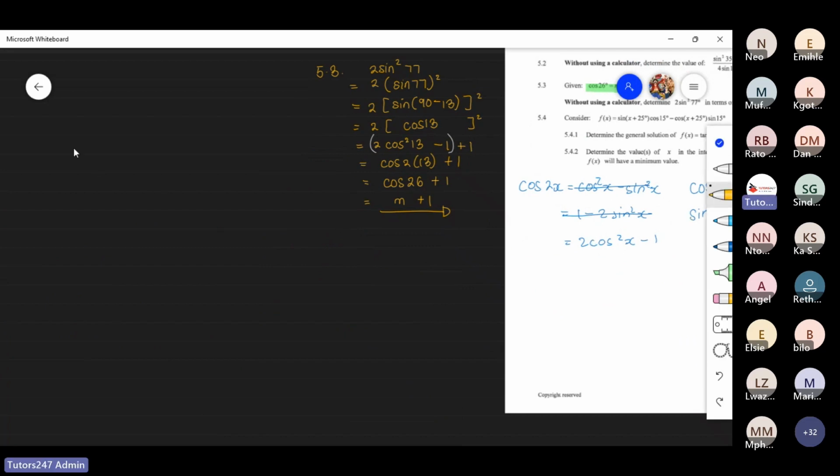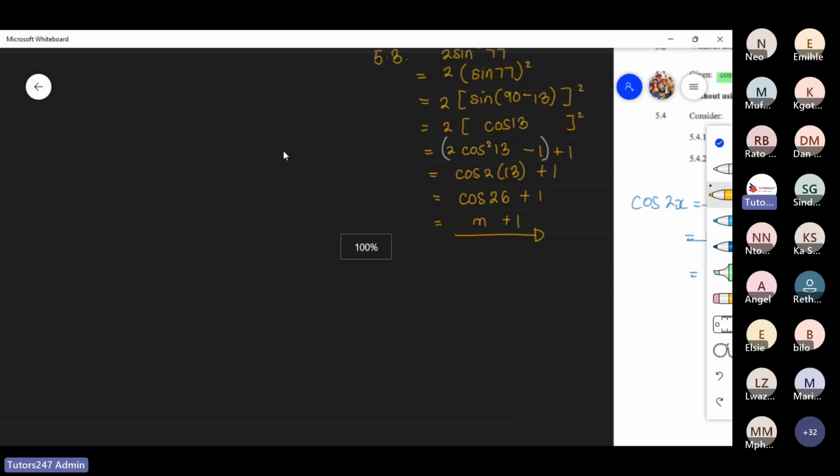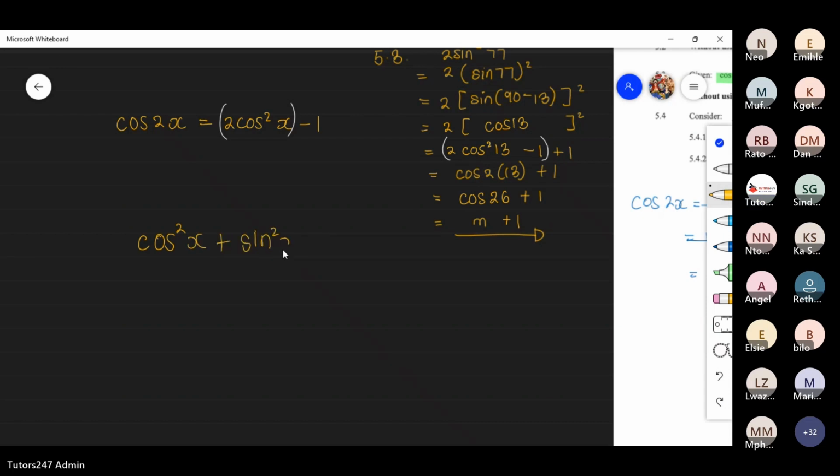Just give me a second to zoom in. If you know that cos 2x is equal to 2 cos squared x minus 1, right? But we only had 2 cos squared x. That's the only part that we had. Think of it like what we did with the previous identity: cos squared x plus sine squared x equals 1.